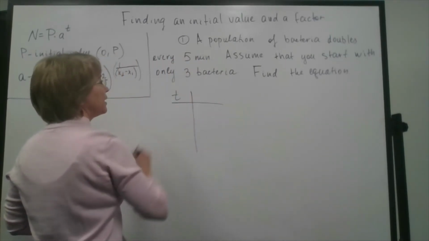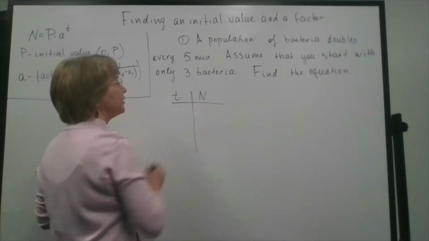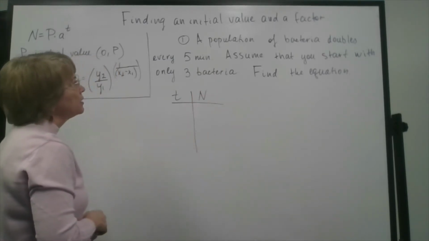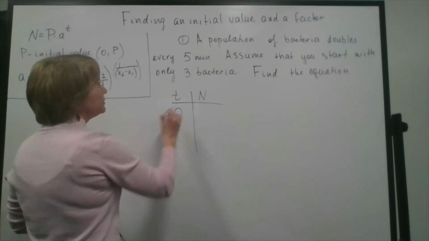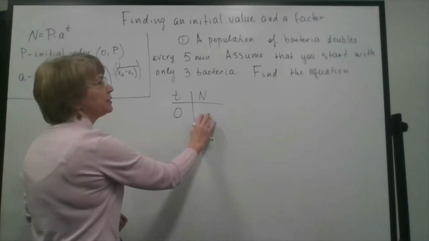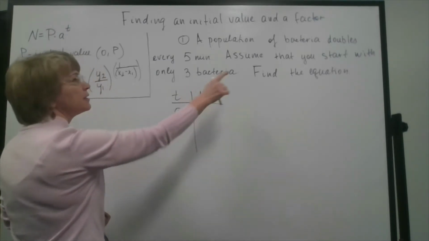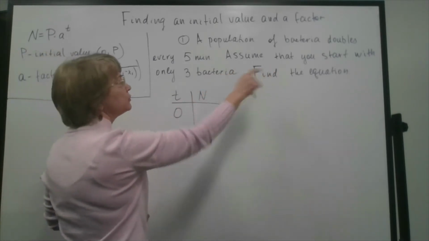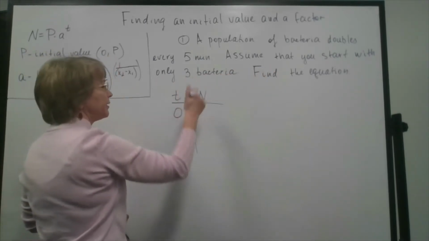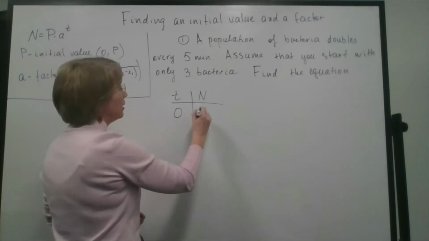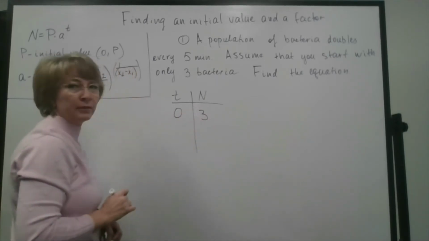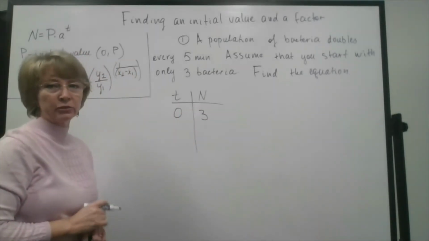Again, time is here, number of bacteria is here. When my time is 0, what number should I put right here? It says, assume that you start with only 3 bacteria. So in the beginning, I have 3 bacteria. It is my initial value.